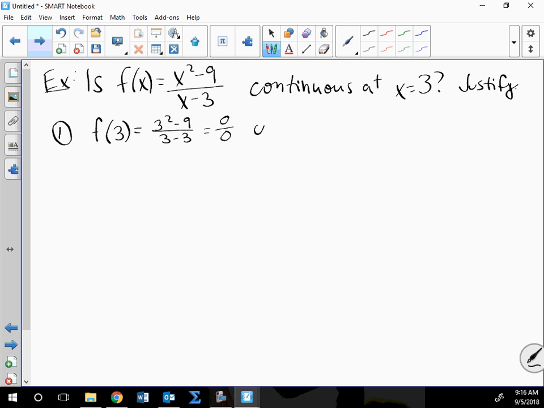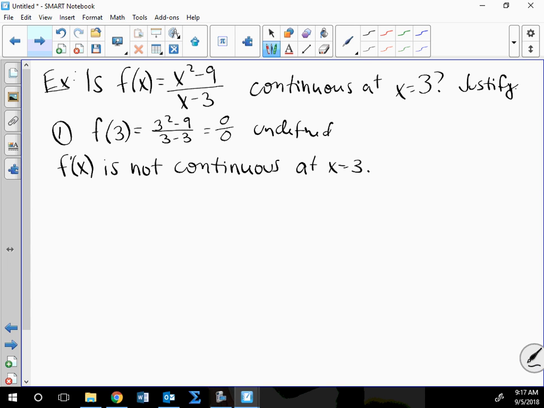So the function here is undefined. Right away we can say f of x is not continuous at x equal to 3.